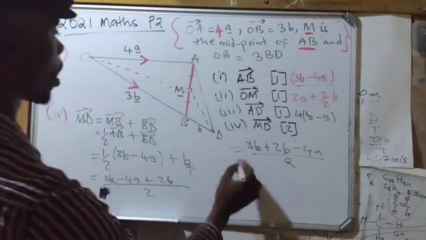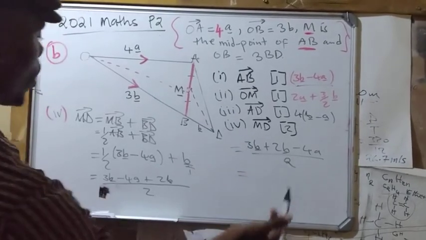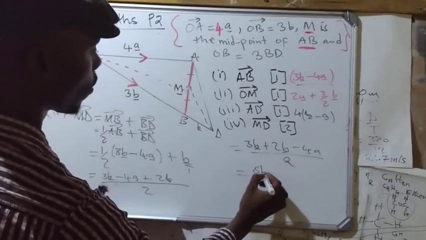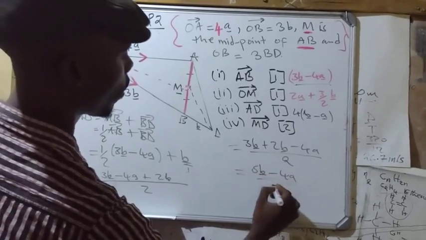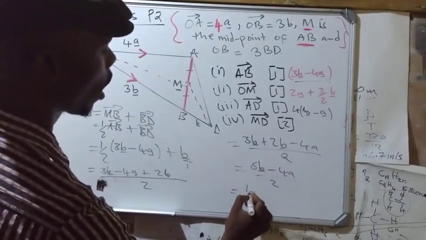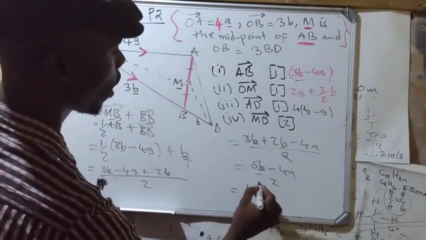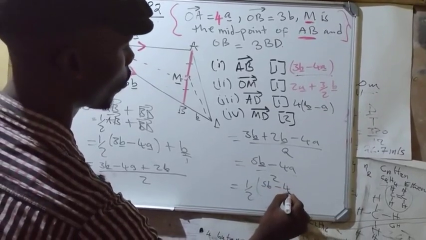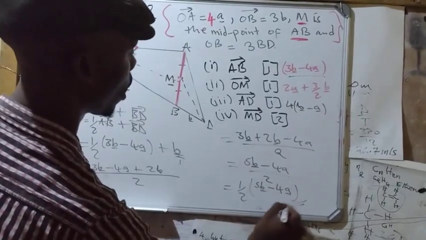So since we've collected the like terms, this and this, we get 5b, then minus 4a over 2. So again, you can leave your answer as half, open bracket, 5b minus 4a. Like that, we can end there.